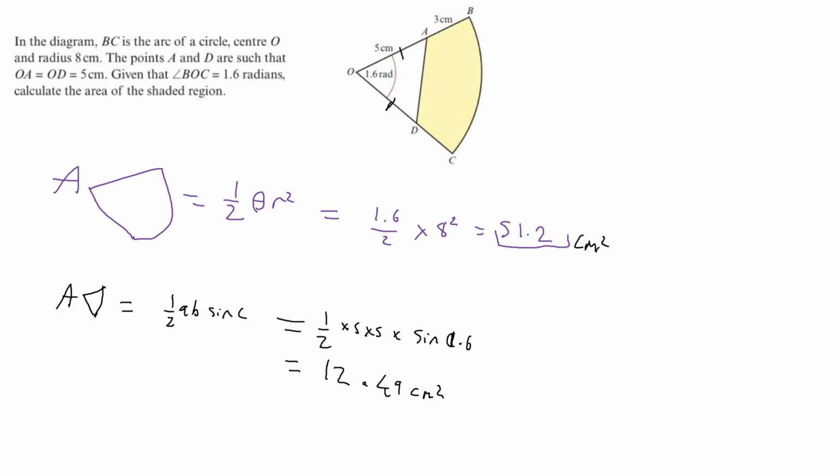And so therefore, the area of just that region there, wait, that was a terrible drawing, that region there, is equal to 51.2 minus 12.49, which is equal to 38.7 centimeters squared. And that is our final answer.